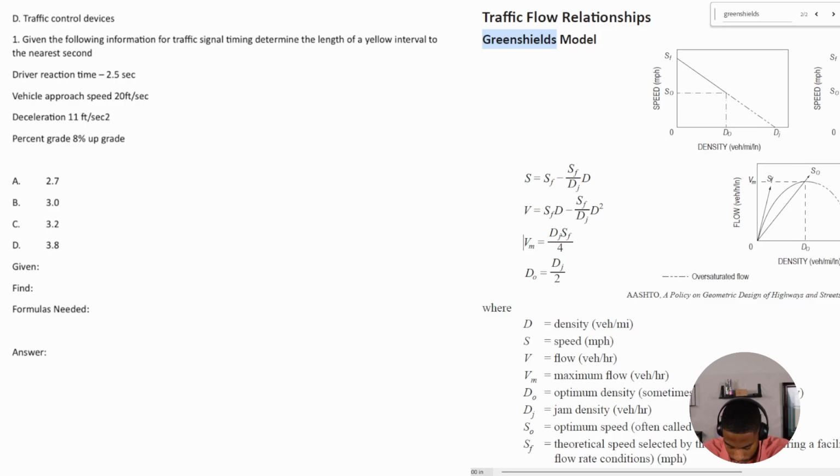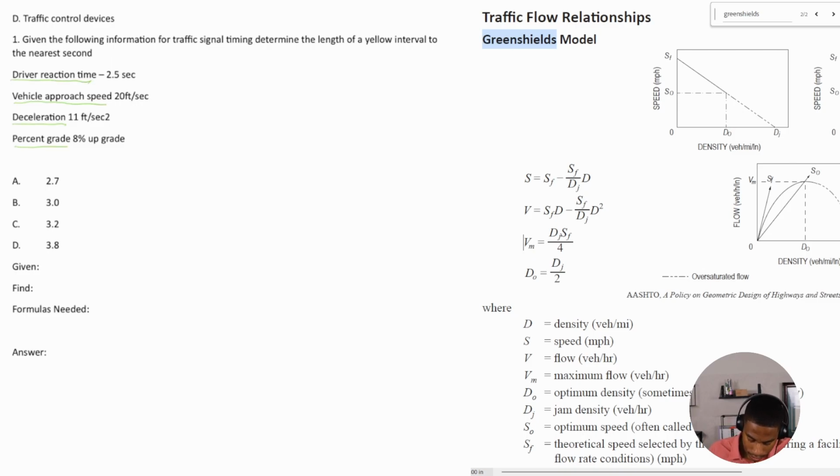Let's write out what we're given. So we're given first the driver reaction time. We're also given vehicle approach speed, deceleration, and percent grade. Okay, what are we trying to find?